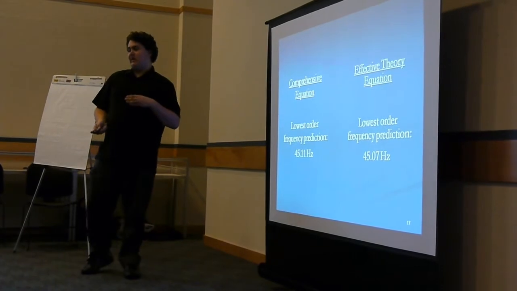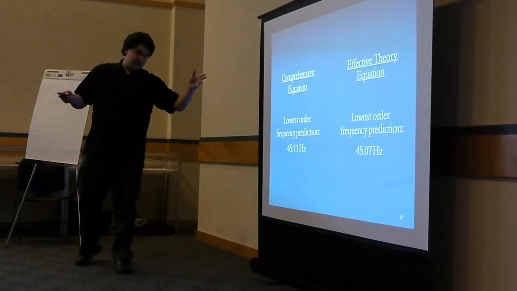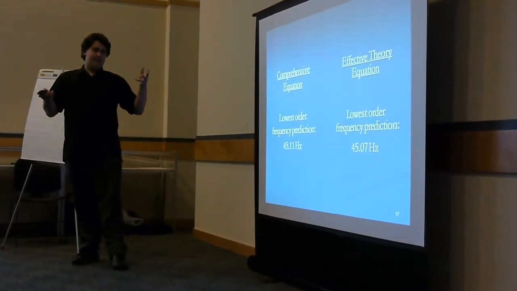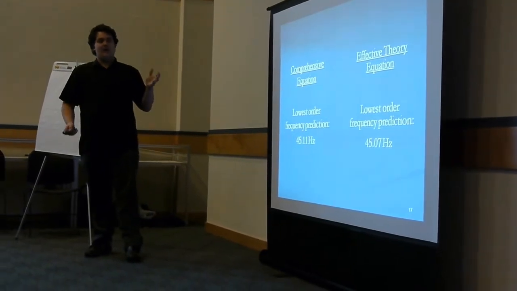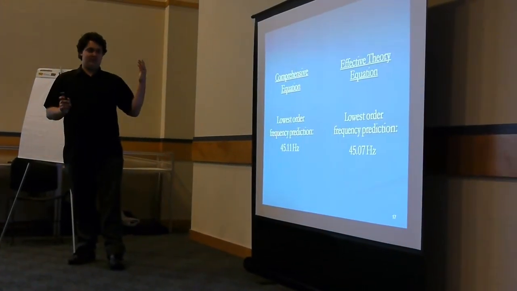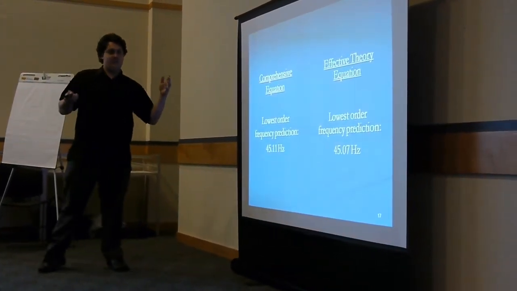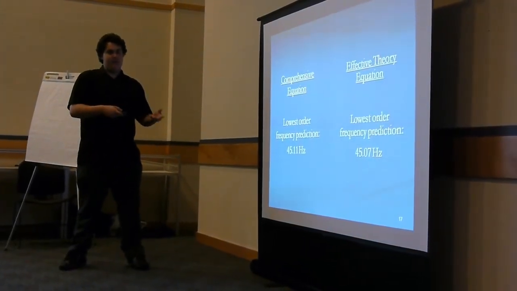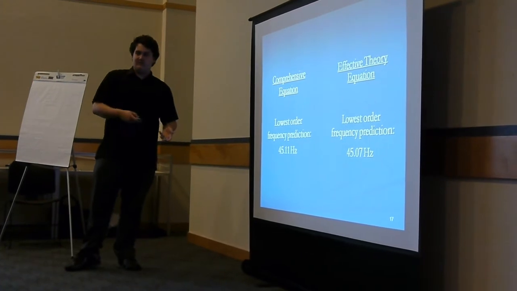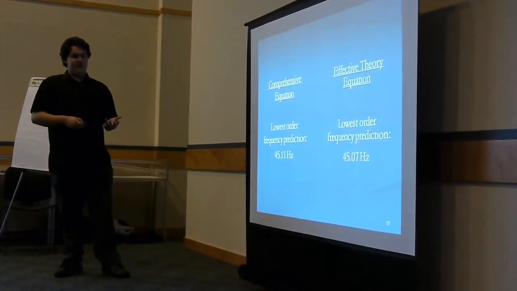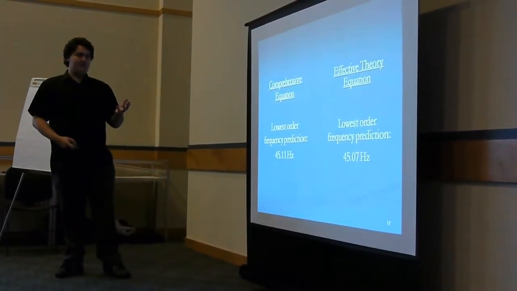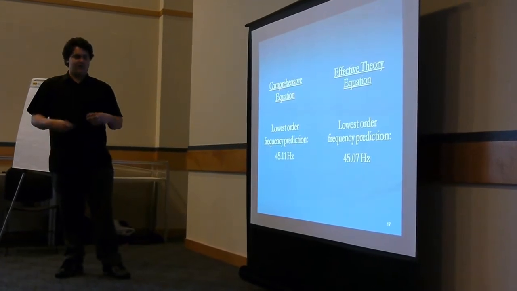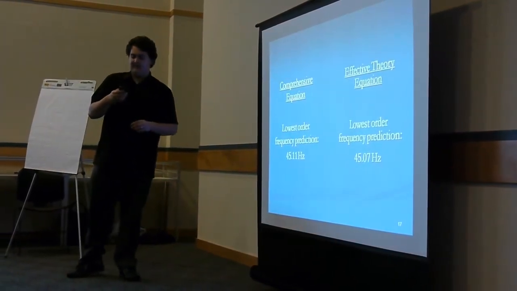So as you can see, while we use an effective theory, we lose the power to predict higher frequency motions or higher energy motions, but we do get very valid results for low energy motions or low frequency motions. So it's a start. And we can sort of use effective theory as a foothold to learn about more complex theories.